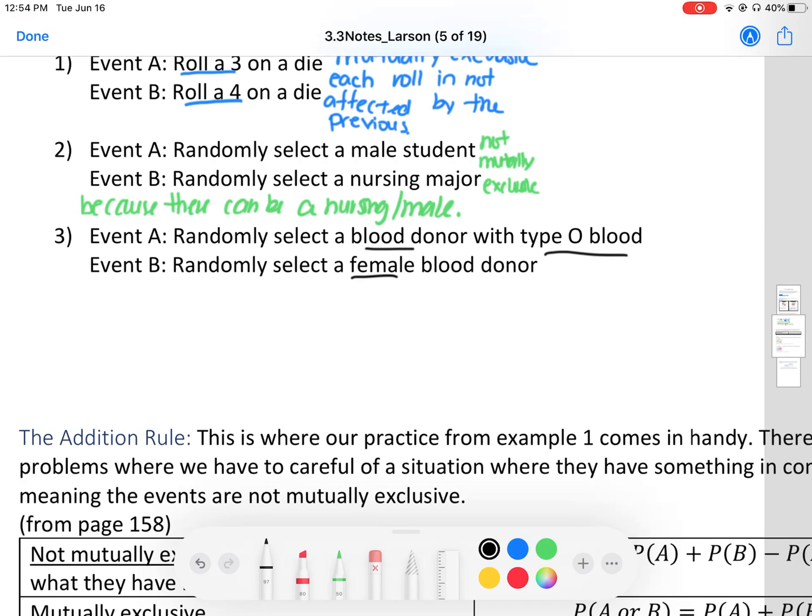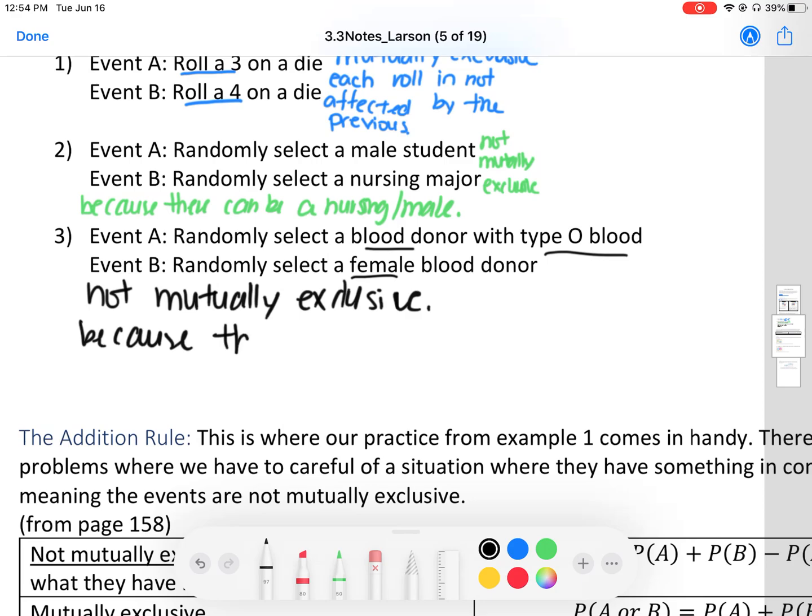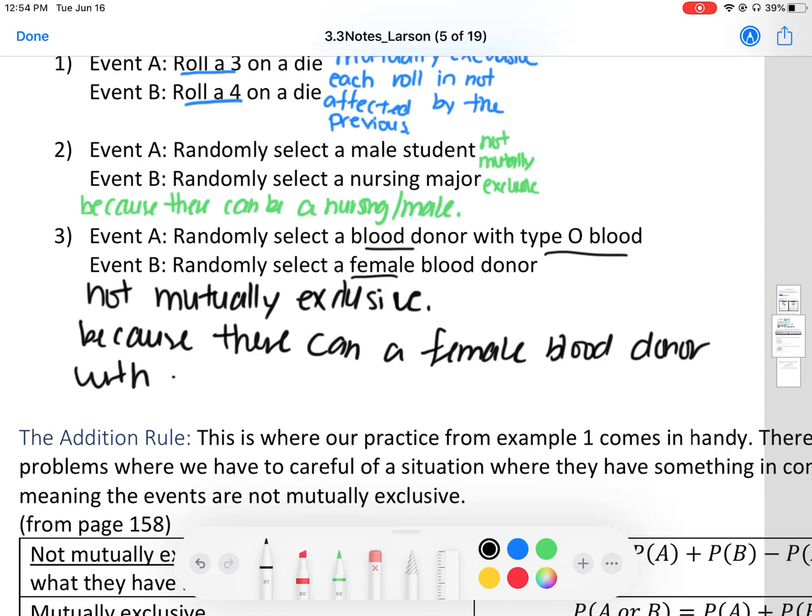So this one is not mutually exclusive because there can be a female blood donor with type O blood.